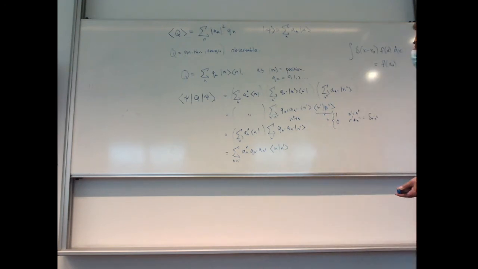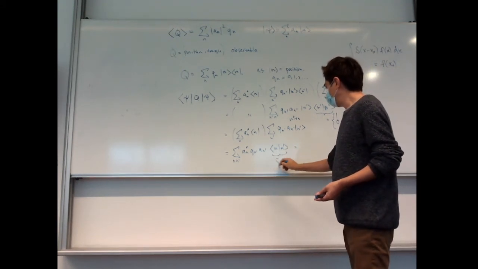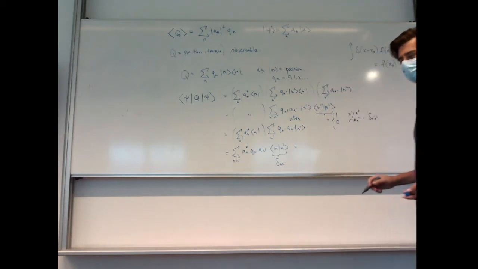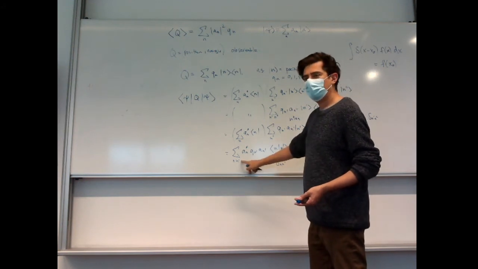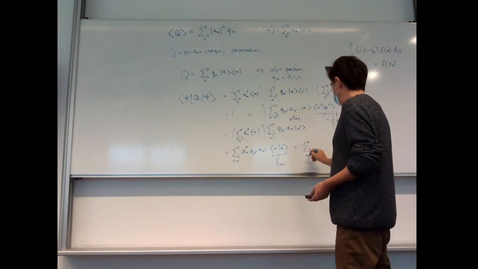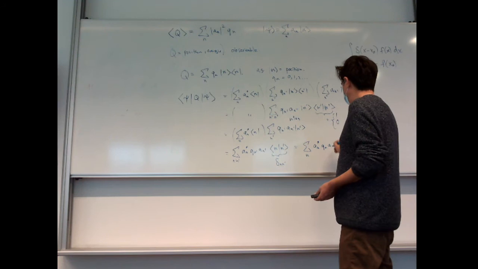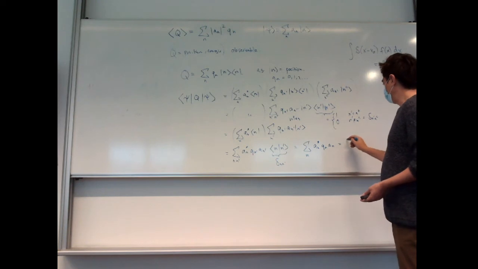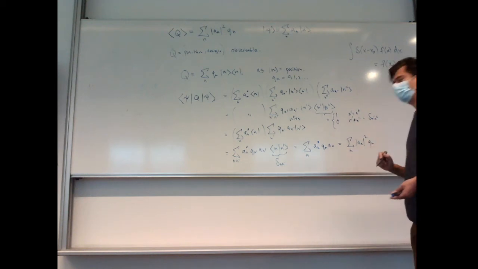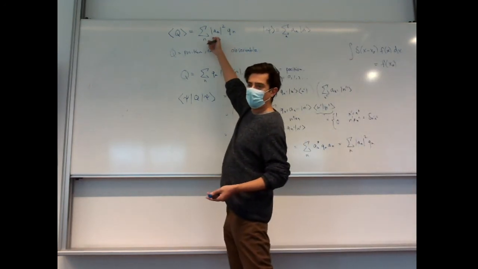It's the same as the last step. So this thing is delta n prime. Again, the n prime turns into n, and one of the sums disappears. So it's a_n star, q_n, a_n, and this is a_n star a_n. So it's the modulus a_n squared times q_n. And actually that's exactly like that thing there.